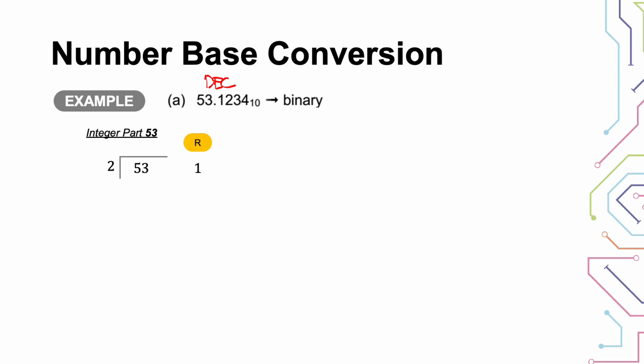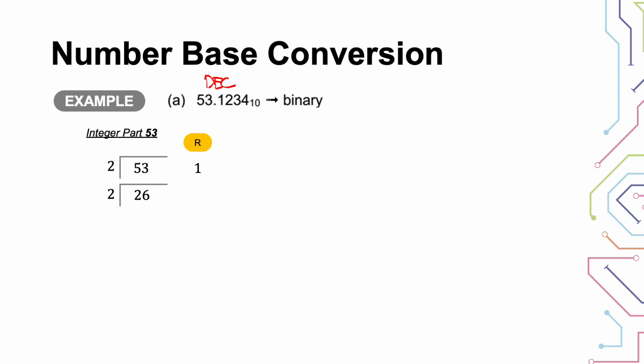So meron tayong remainder na 1, but meron tayong answer na 26. Why? When you use your calculator, yung lalabas kasi is 53 divided by 2 is 26.5.